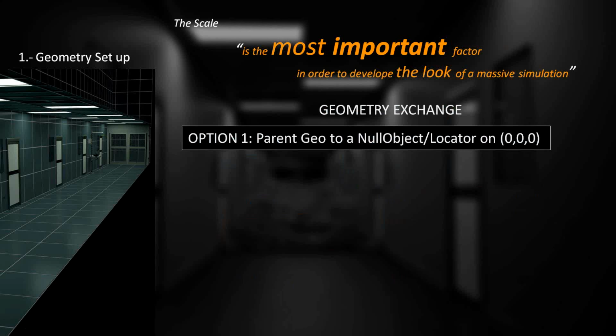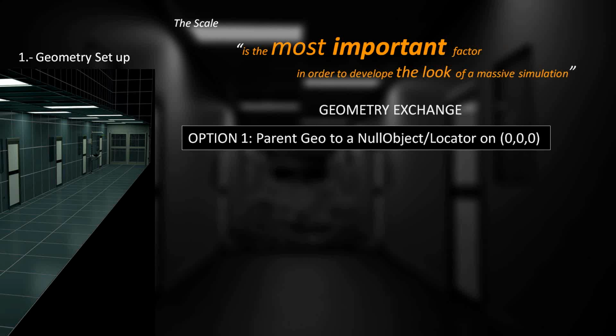So how do we bring this geometry from our 3D platform, or Maya in my case, to RealFlow? Well, dealing with scale is something really personal. It depends on your own preferences, on your own choices, but I'm going to tell you about two different options here. The first one is to parent your geometry, your proxies in this case, to a null object.